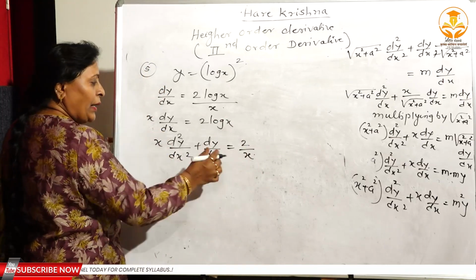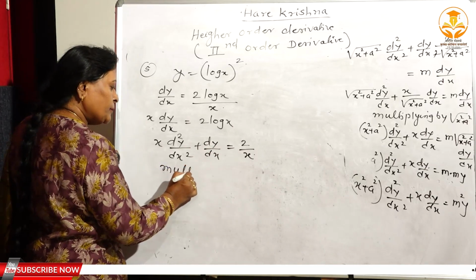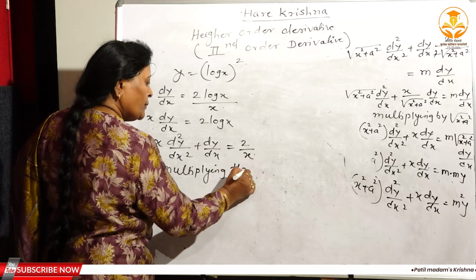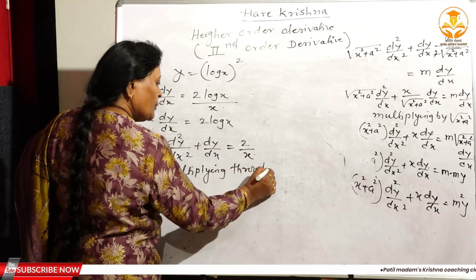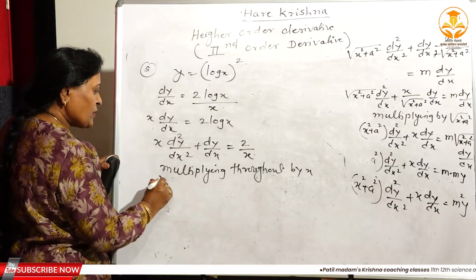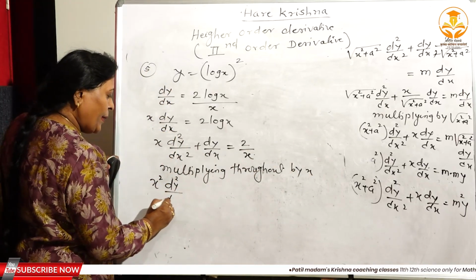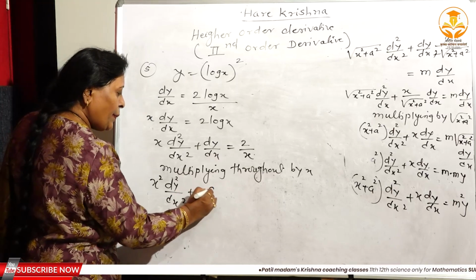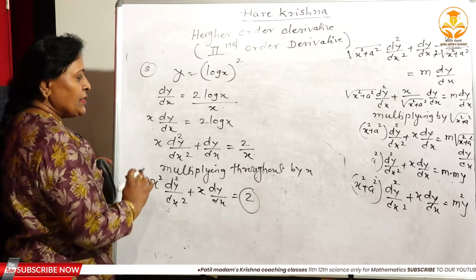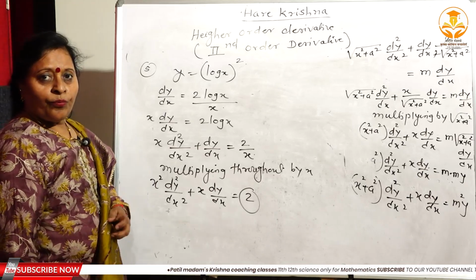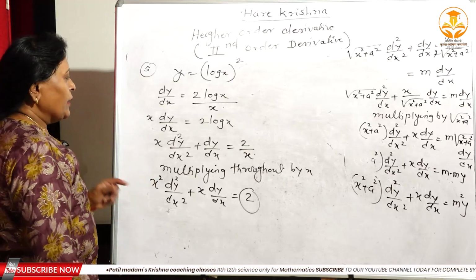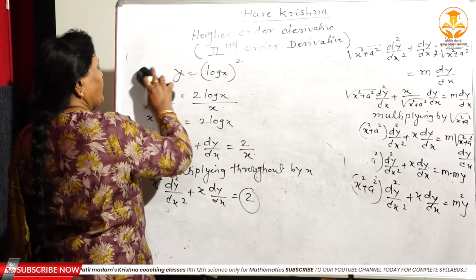So multiply throughout by x, isn't it? x square d2y divided by dx square plus x dy by dx is equal to 2. So this is the result, and this is the proof that was to be shown. This is about the fifth one. Again I will take the sixth one.